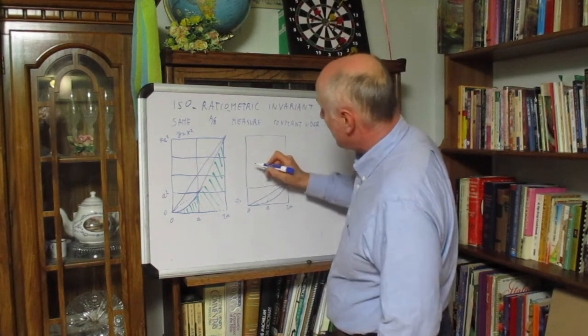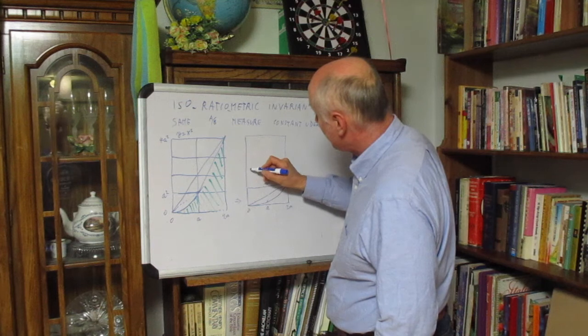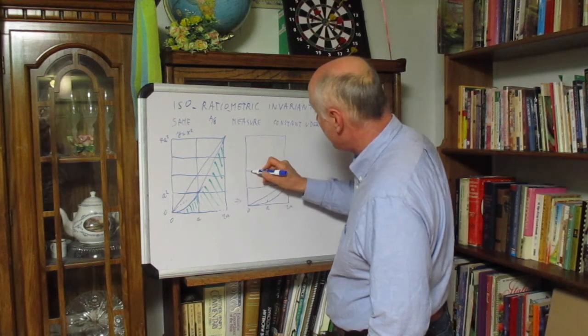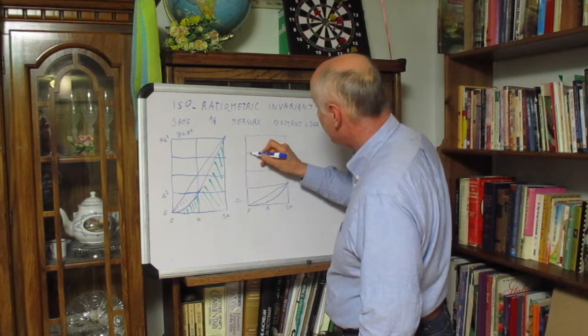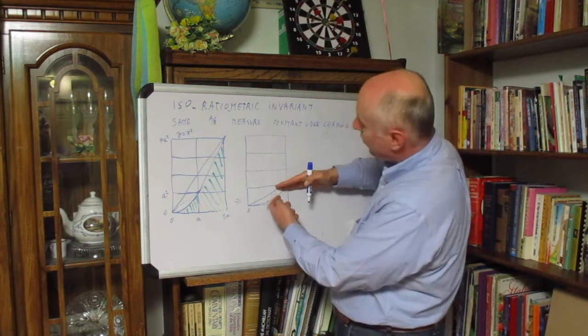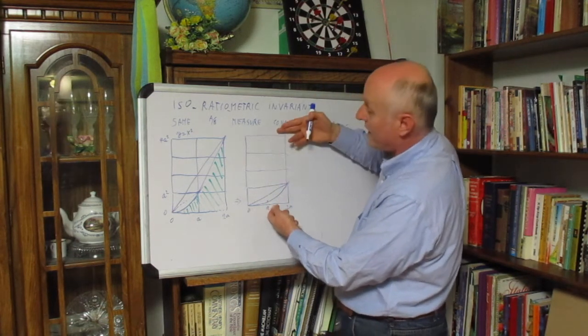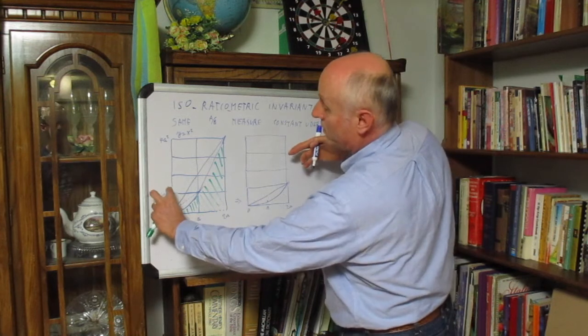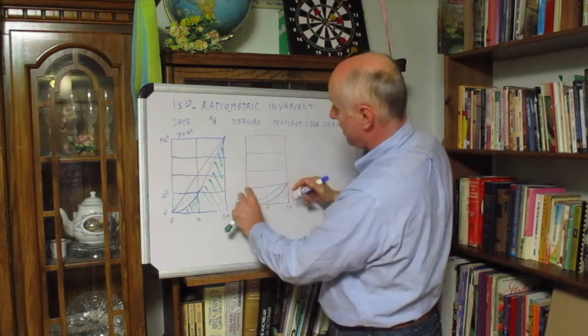Okay, so basically you see that we're going to have to pull it 4 times, right? This is 1, 2, 3, 4.